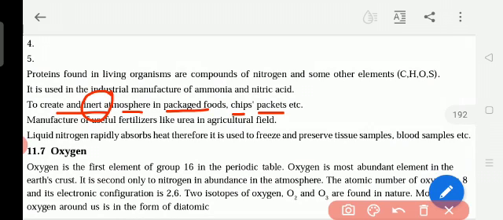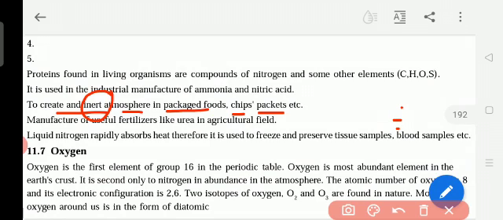Nitrogen gas will not react with the oxygen. That is why they fill nitrogen gas in the packets so that chips stay fresh. If you open the packet, after some time chips will become very soft because the nitrogen gas has escaped, so oxygen reacts and chips become soft.